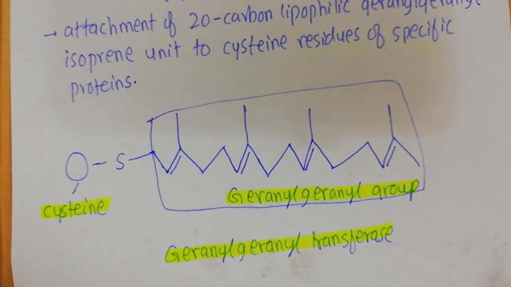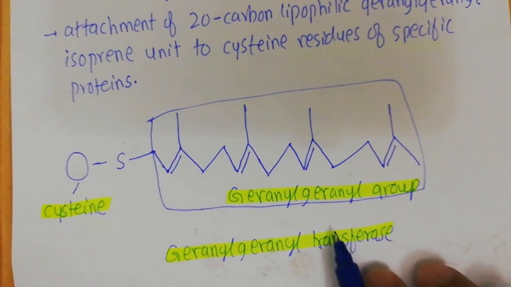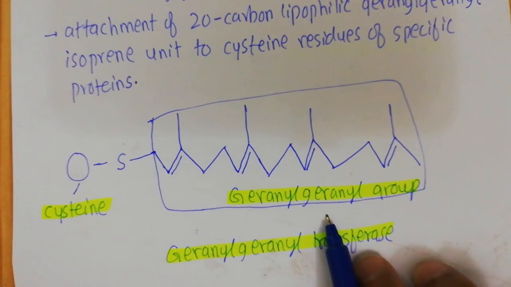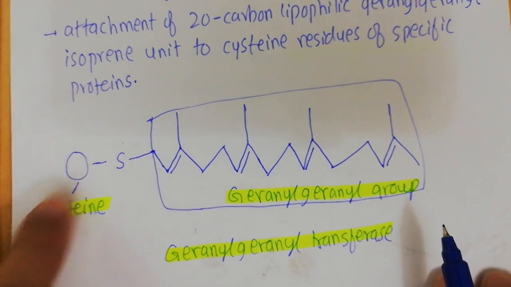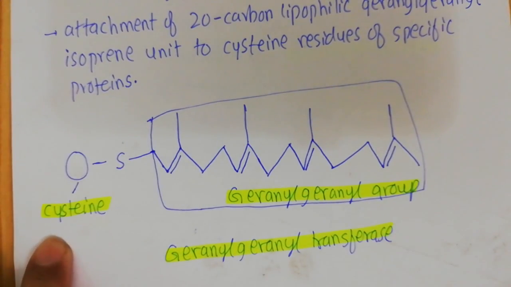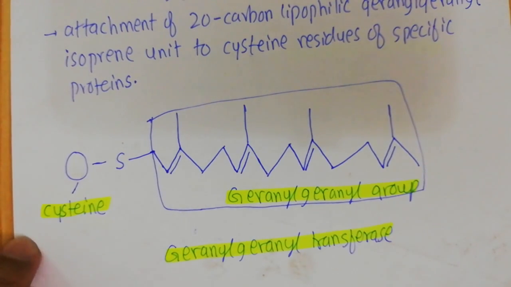So we have discussed 3 subtypes of the prenylation. One was the S-palmitoylation, the other was the N-myristoylation, and now here the addition of a geranyl group to the sulfur of the cysteine amino acids of the gamma subunit. The addition of a geranyl group to the gamma subunit gives hydrophobicity to the gamma subunit, and it can thereby attach to the cell membrane.